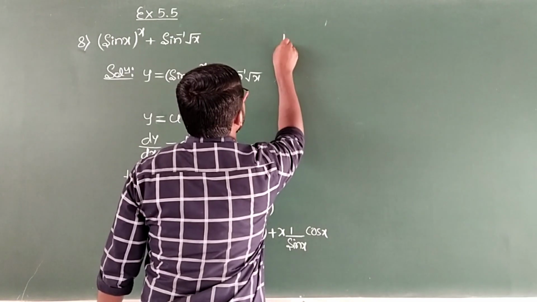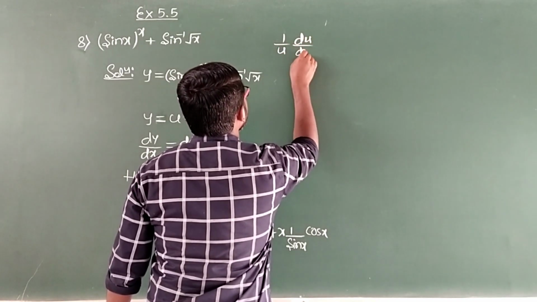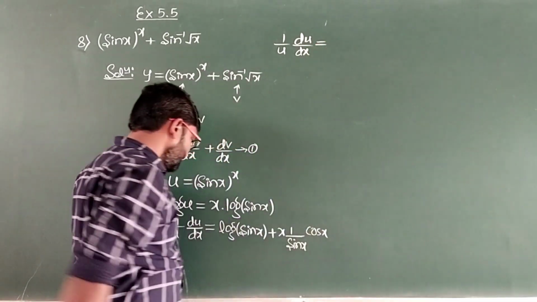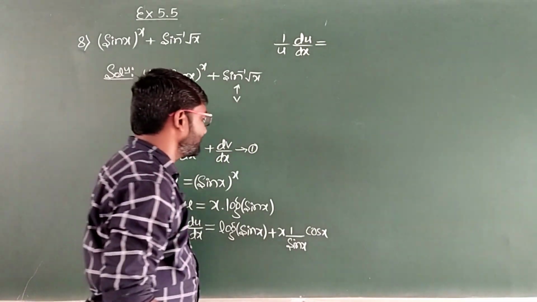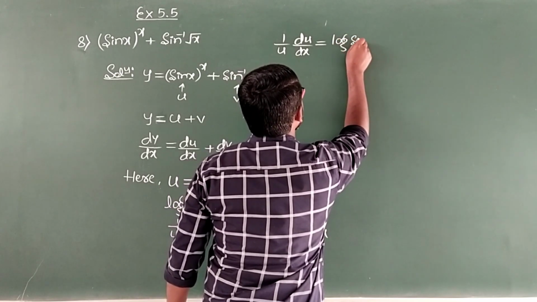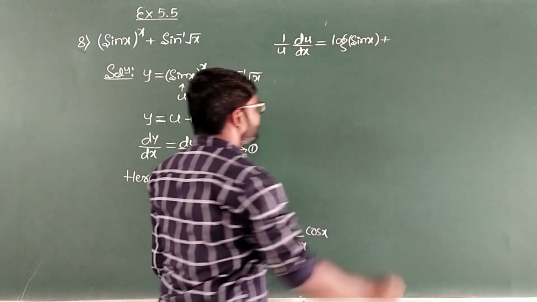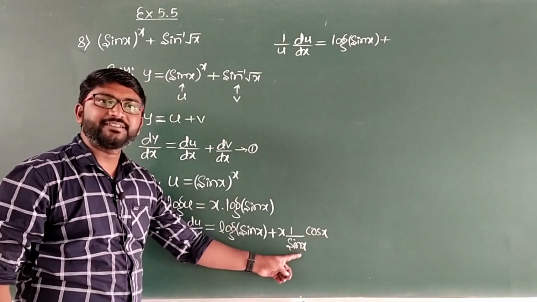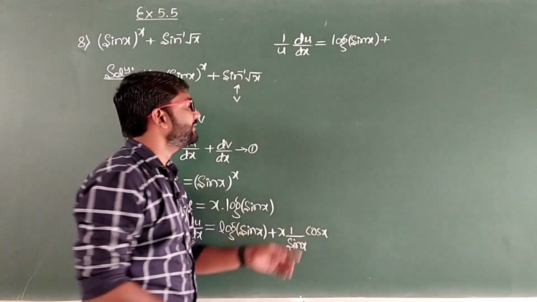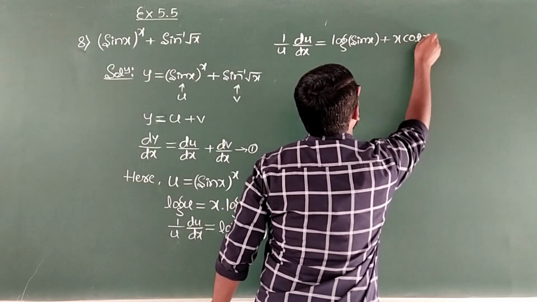1 by u du by dx is equal to log sin x as it is, plus cos x by sin x, which is cot x, so x into cot x.